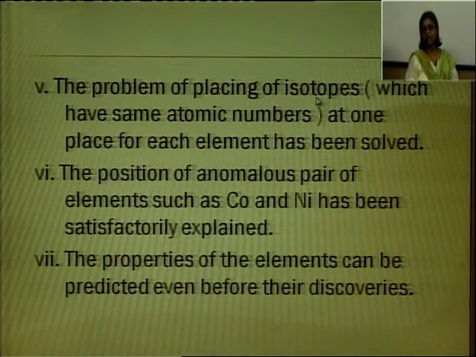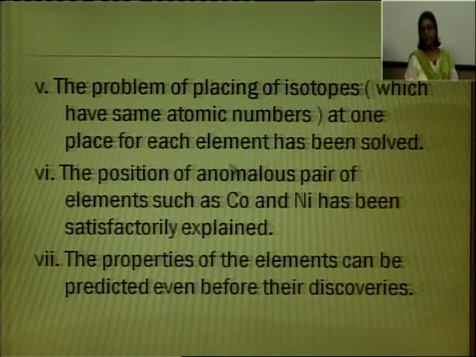Since isotopes have different atomic weights, they were given different places in Mendeleev's periodic table. But in this case, atomic number is the most fundamental property, so elements have their places depending upon their atomic numbers. Since isotopes have the same atomic number, they occupy the same period and same group. So, their position is fixed.